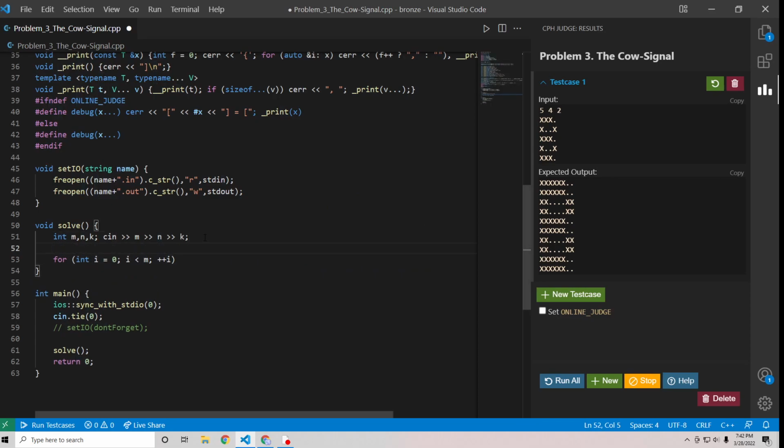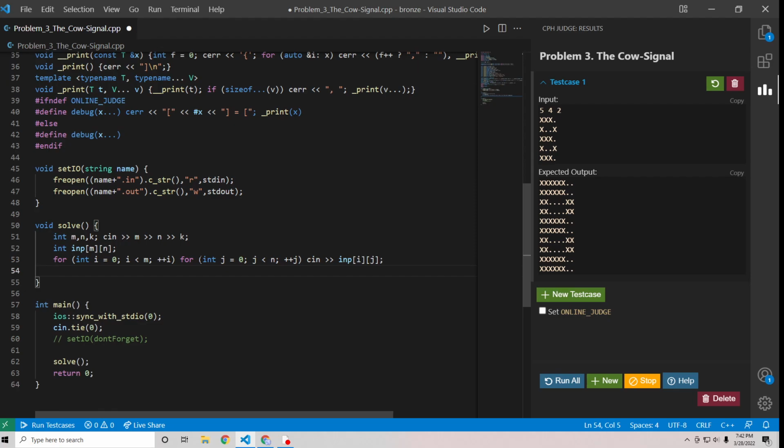So we need input. Let's create a 2D array, size M by N. Okay, so we read the input.